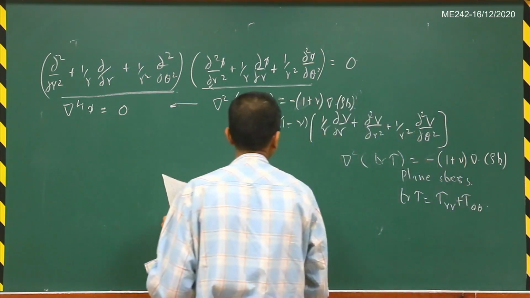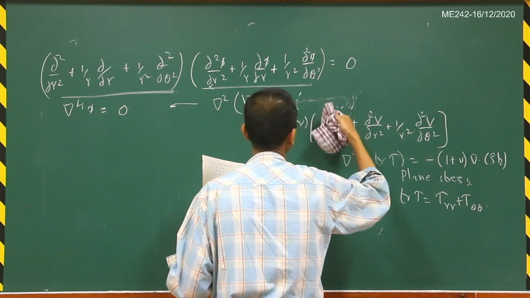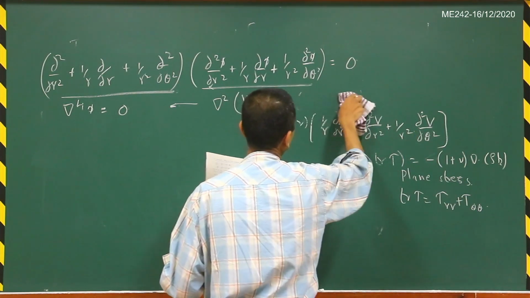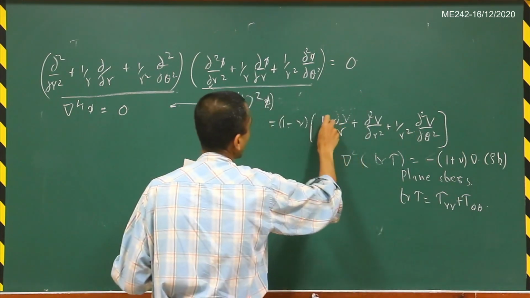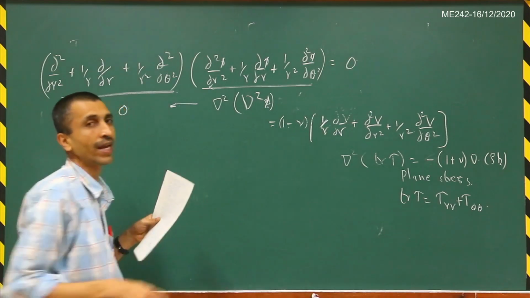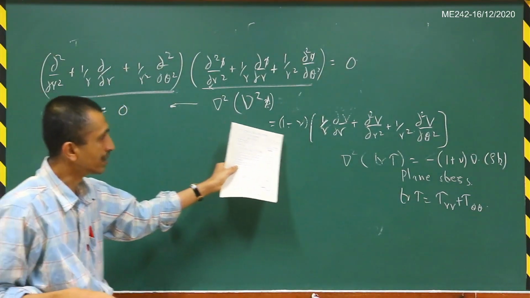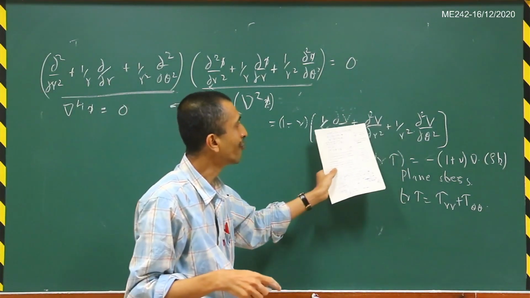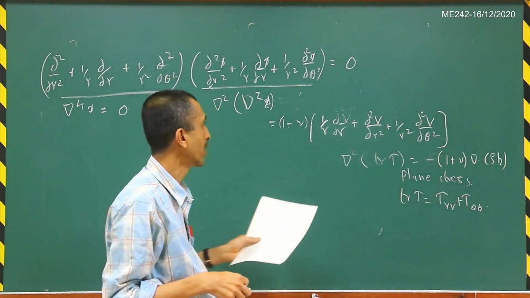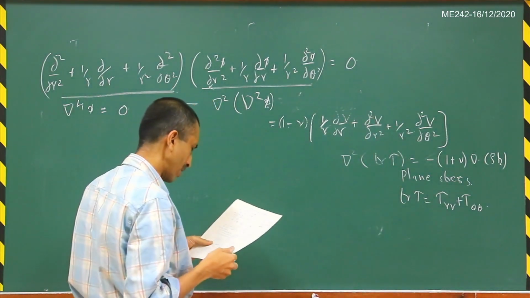Actually, I'm sorry, the earlier one is not correct. So this is the correct expression. You will get that del raised to 4 phi is this particular expression, where v is the potential corresponding to the body force.